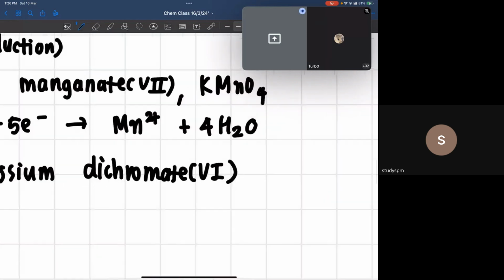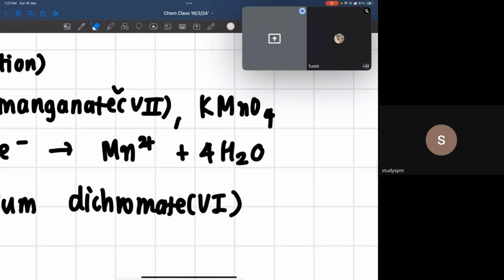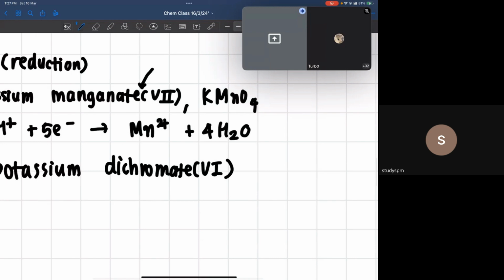In SPM, because of IUPAC, I heard that they are strict. So here, when you have a space like iron, okay, if they ask you to write iron(II) sulfate, if you write it far apart like this, you won't get any mark.